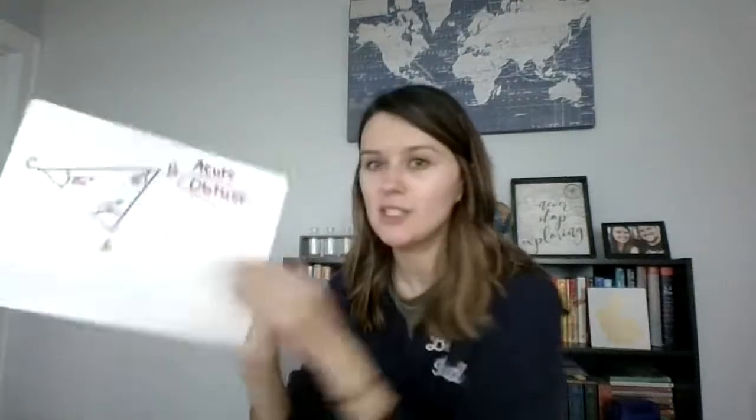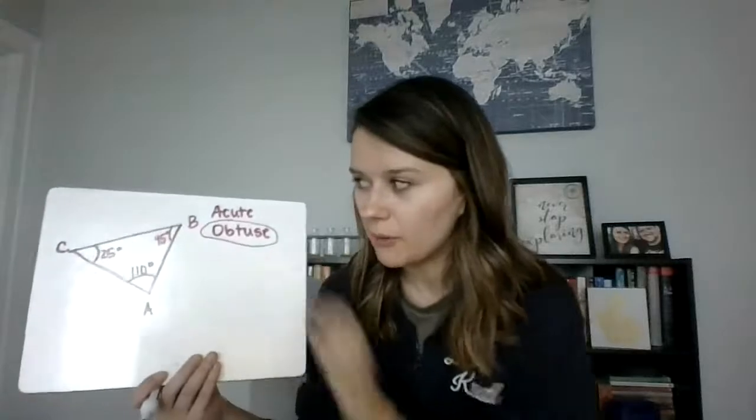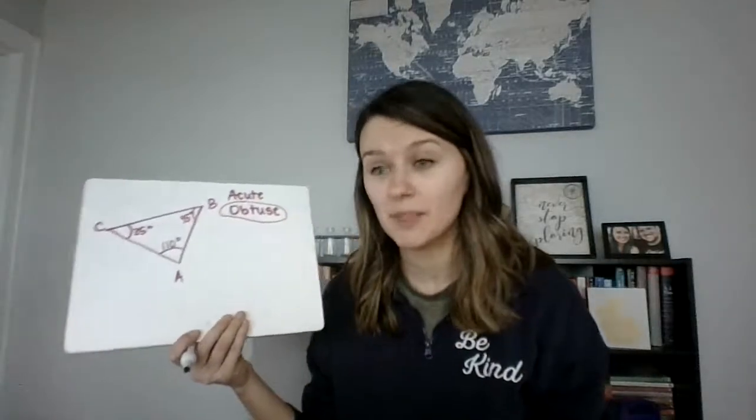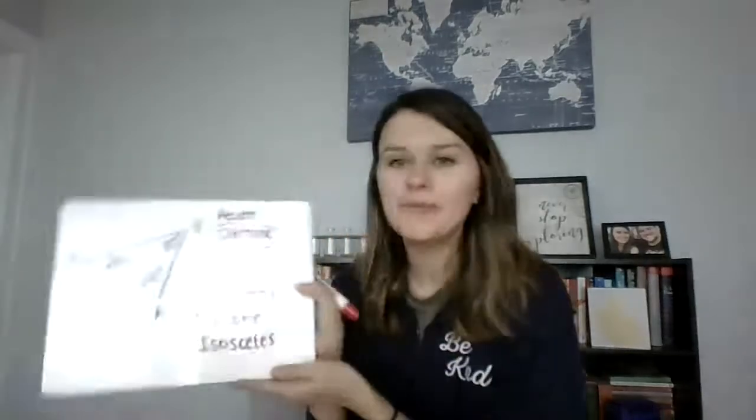Now, when I'm looking at my triangle, and I think back to my side length measurements when talking about describing a triangle and having an equilateral, a scalene, or an isosceles triangle.